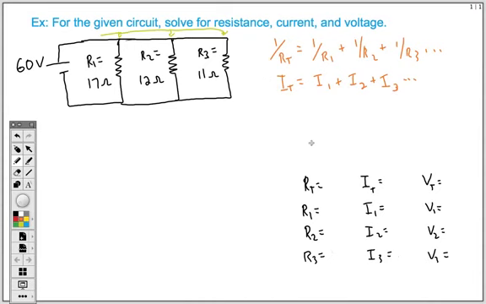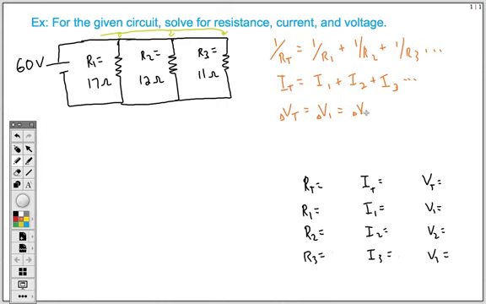Okay. And lastly, our rule for voltage. Voltage in a parallel circuit is going to be the same throughout. Okay, so our total voltage, our total change in voltage is the same throughout. So we represent that mathematically with our equal signs.